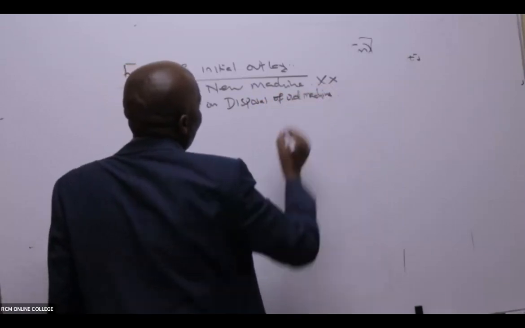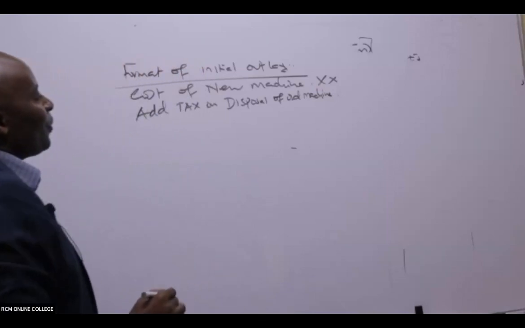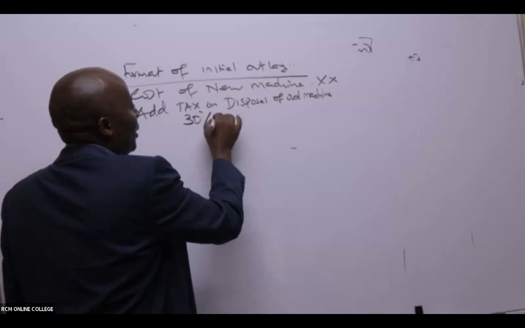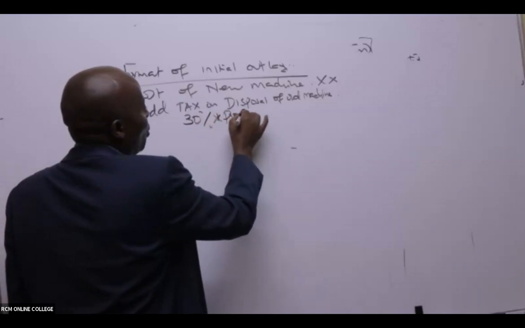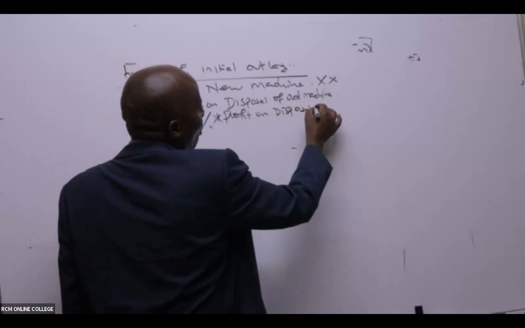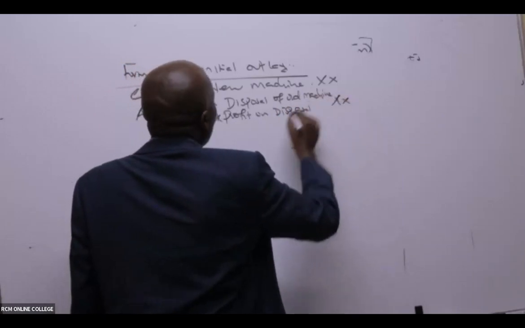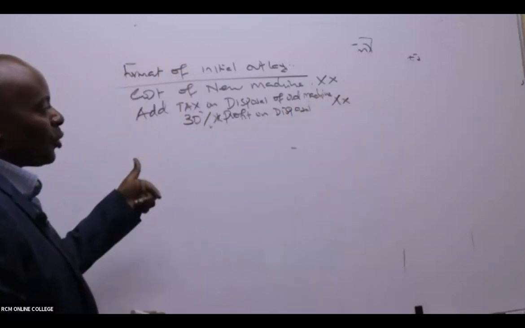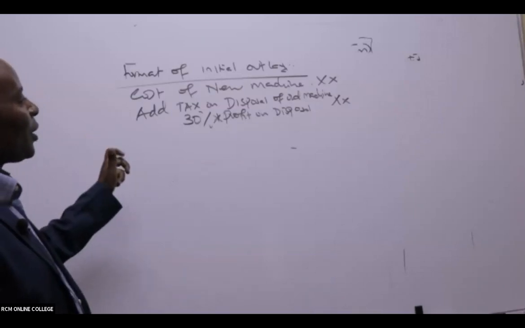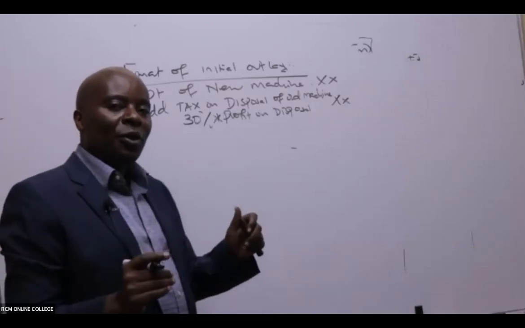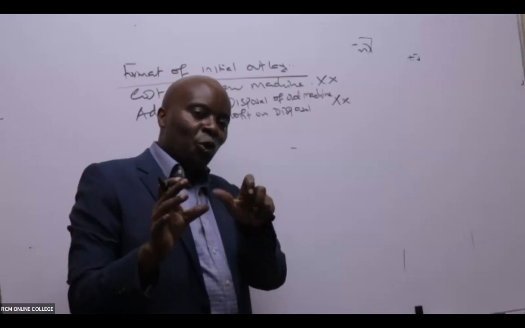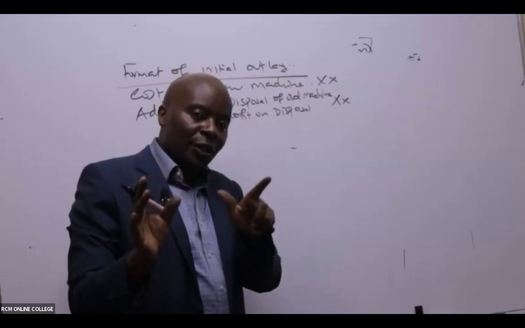Basically, we take the rate of tax, which perhaps would be 30%, times the profit on disposal of the old machine. You add. Of course, if it's a loss, you subtract. But in most cases, it will be a gain. If it's a gain, you'll be told, hey, you sold the old machine, give us something. So that will have to go to your initial cost.